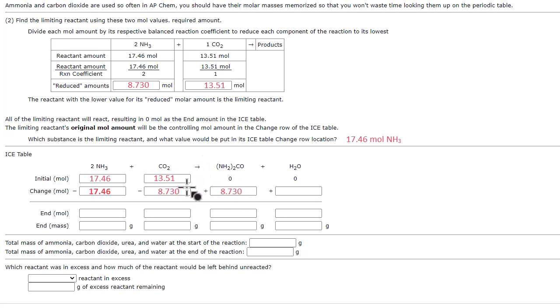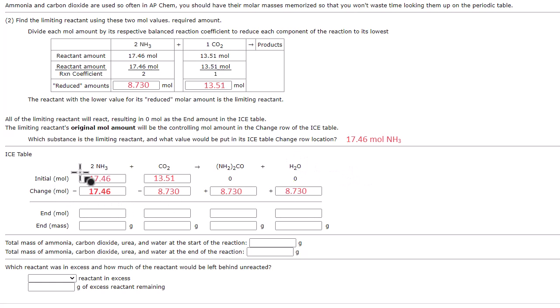These will be the same values. The change amounts will be identical in terms of proportions as the coefficients. Well, that makes the water easy to figure out. That's going to be 8.730. This change row is just amazing if you get one of them right. In this case, the limiting reactant. All the rest can be found using the coefficients.